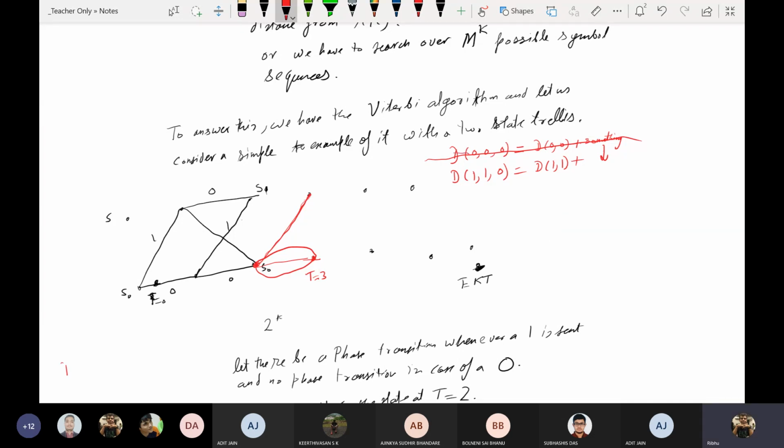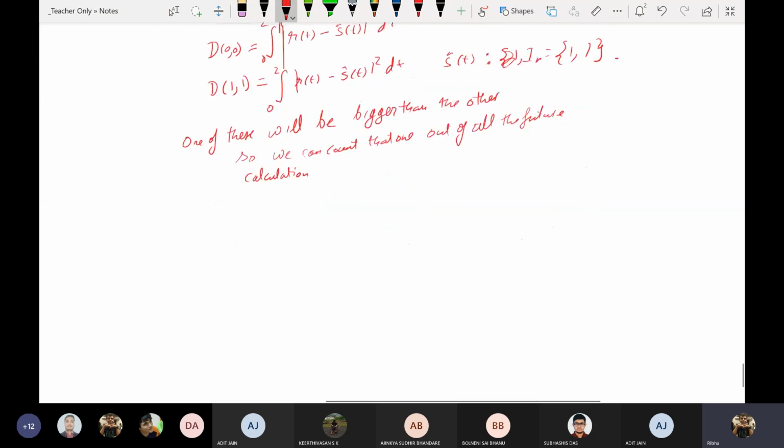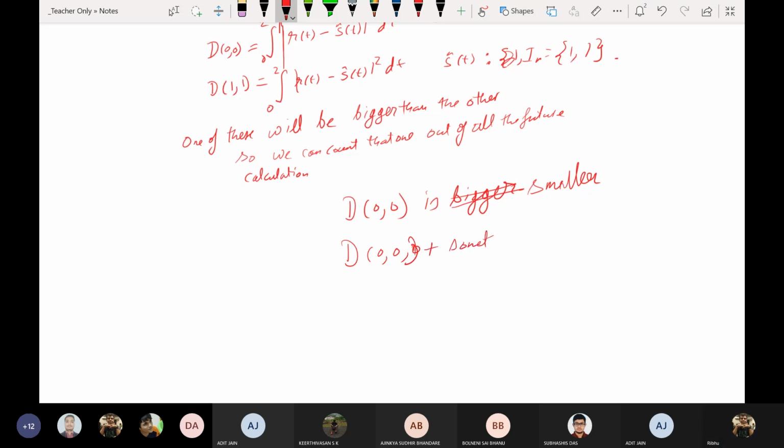Okay, let me write everything down formally, that will be easier. D00 is smaller. Therefore, D00 plus something is less than D11 plus the same thing.